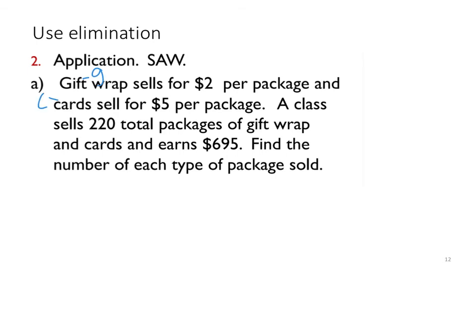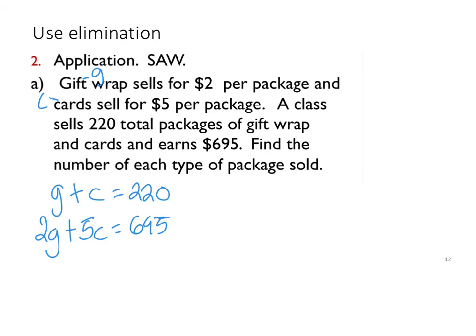So I have G plus C equals 220, and $2 for my gift wrap, so 2 times G plus 5 times C equals 695.